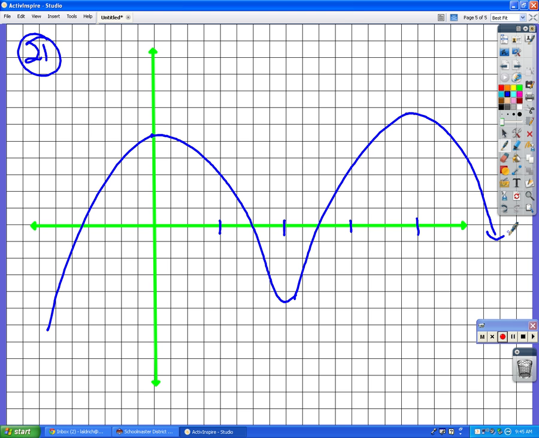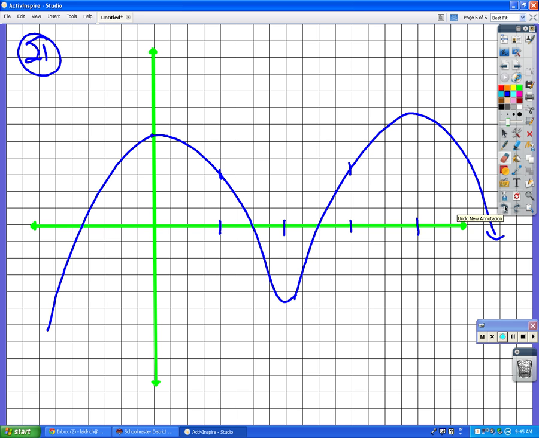Okay, the second derivative is positive between 1 and 3. So in between 1 and 3, we need concave up. So I would probably have to tweak that a little bit. How is it not concave up? Because this curve right here is sort of bowing down a little bit.